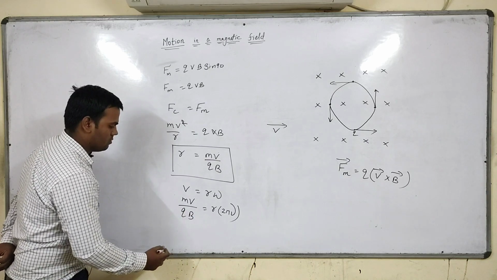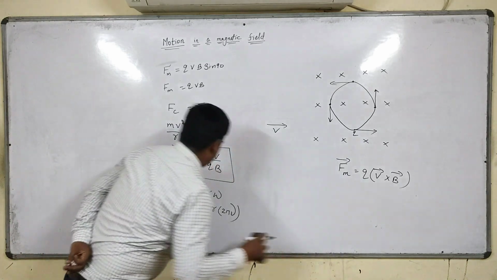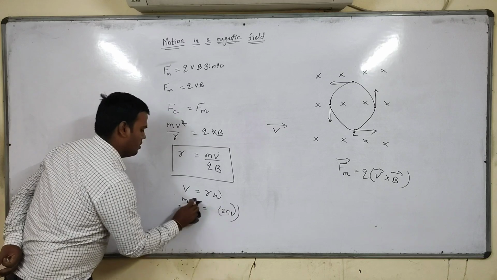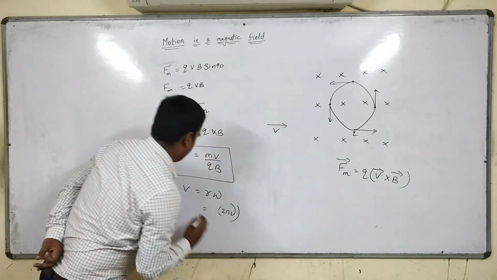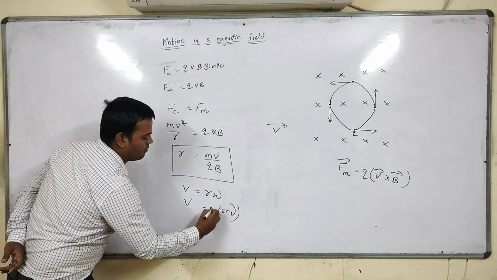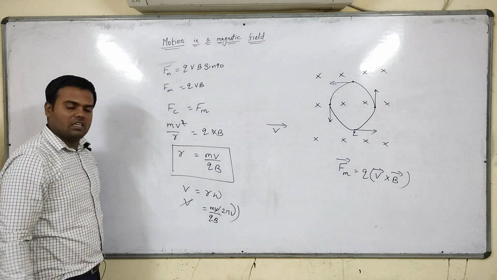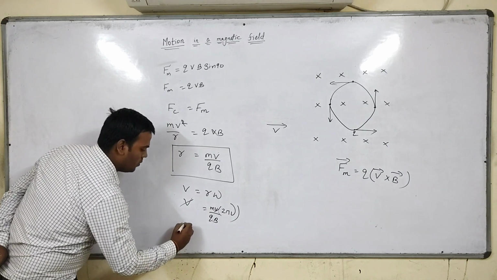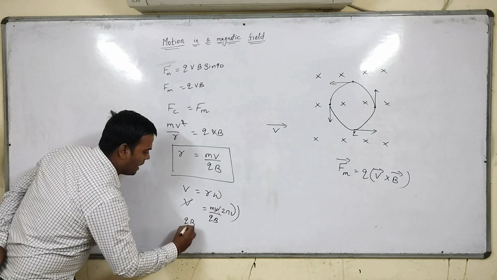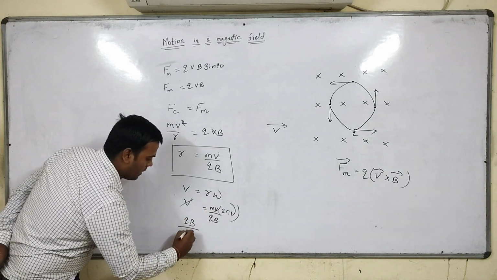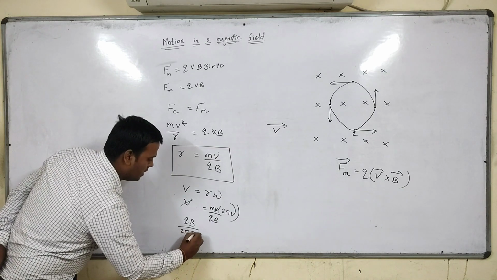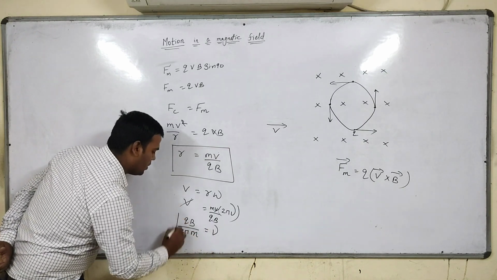So R is equal to m v by q B. So V and V cancel each other, and we get q B by 2 pi m, which is equal to the frequency.